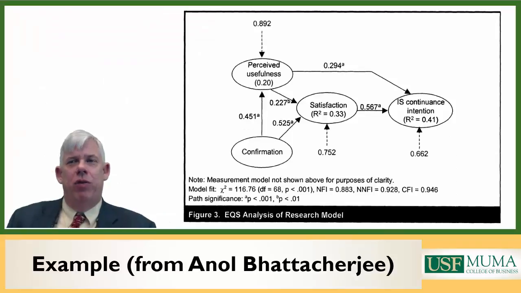So here's an example of a structural equation model that came out of Anol Bhattacherjee's research. He teaches research methods in our program. And what I want to illustrate here is simply how you might interpret this. I am not going to talk about how you actually managed to get to this model.